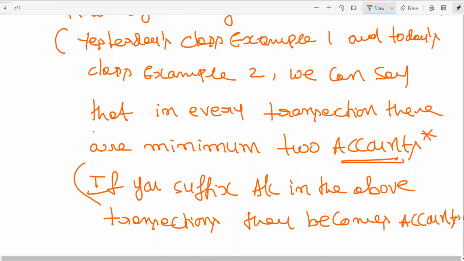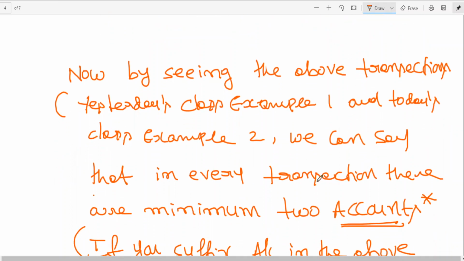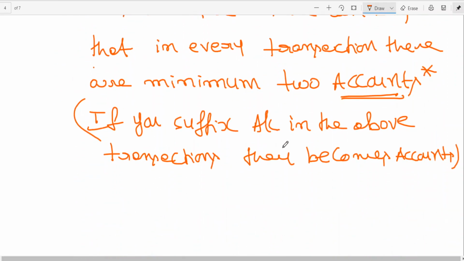This is clear to all of you? Let me repeat. By seeing the above transactions, yesterday's class example 1 and today's class example 2, we can say that in every transaction there are minimum two accounts. If you suffix A by C, it means account. In the above transactions, they become accounts. And I use the word minimum two accounts.